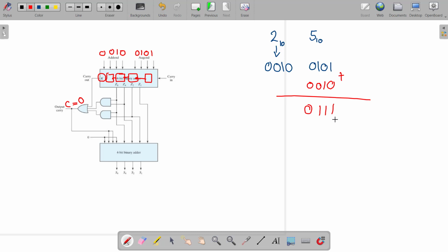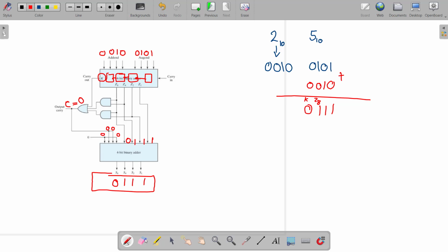Because you can see that here this is the K, this is the Z8, and actually the rest of them. So, because C is equal to 0, here is equal to 0, 0, 0, 0. And also 0, 1, 1, 1 comes here. Now 0, 1, 1, 1 plus 0, 0, 0, 0 is equal to 0, 1, 1, 1. So I could find the result.